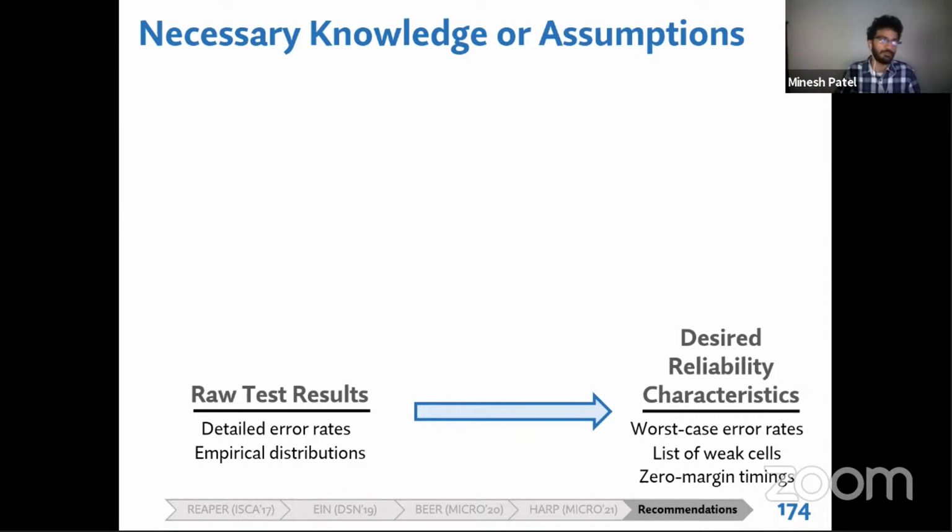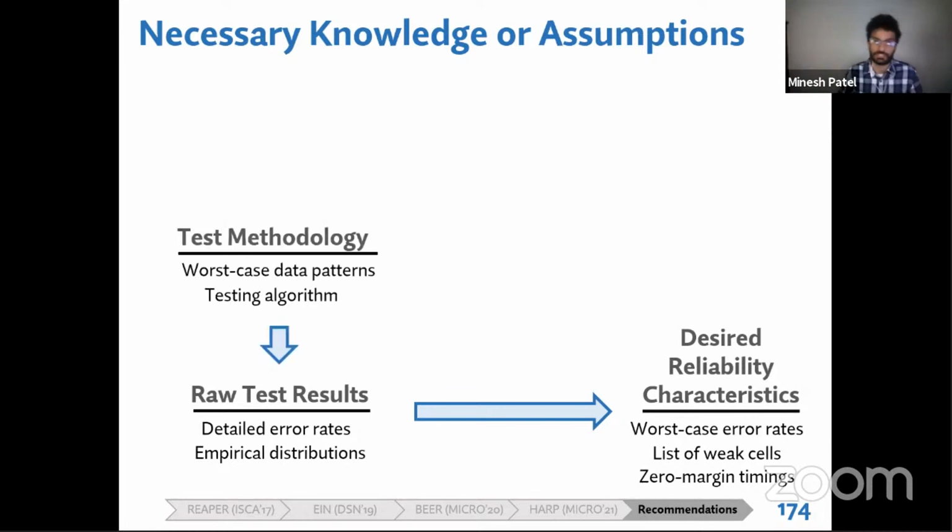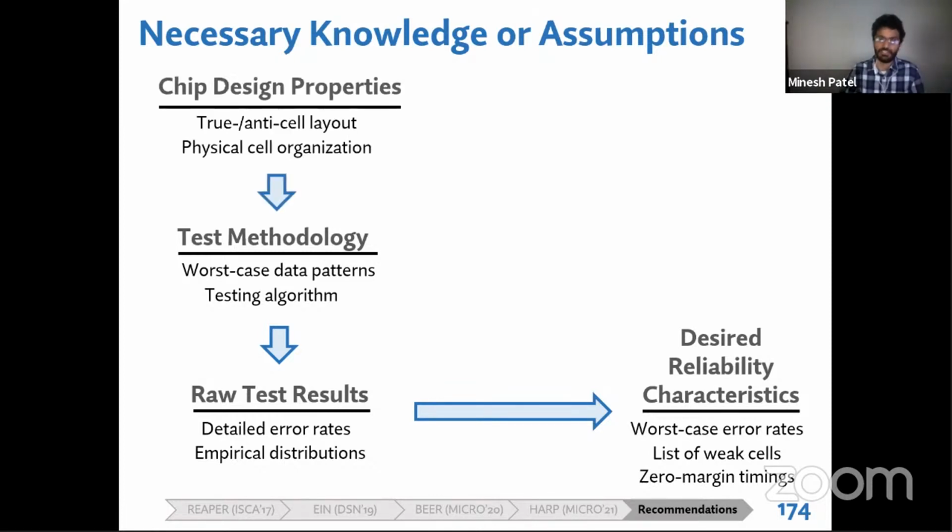And these can come from experimental studies on real devices and so forth. However, these studies are also not provided by manufacturers. And so to obtain these results, we use a test methodology, which includes information such as worst case data patterns and best practice testing algorithms. Unfortunately, this information is also not provided by manufacturers, so we have to determine the testing methodology ourselves. And we do so based on basic chip design properties that themselves are also not provided.